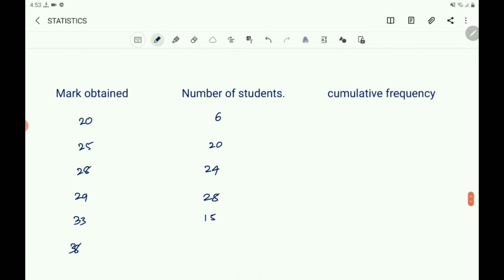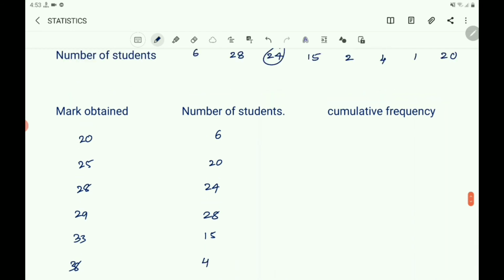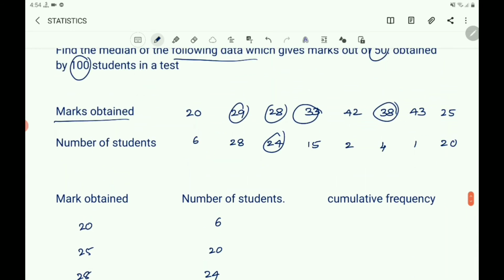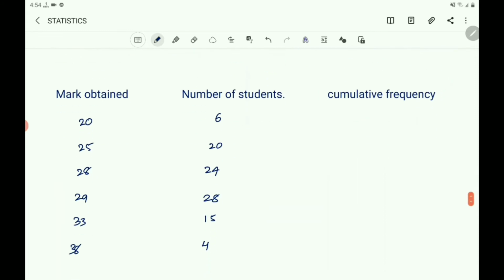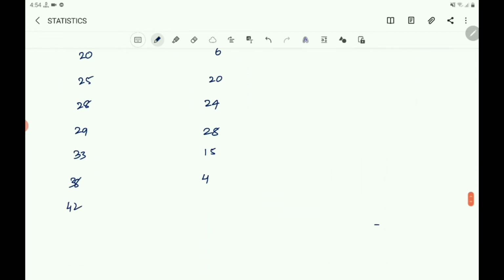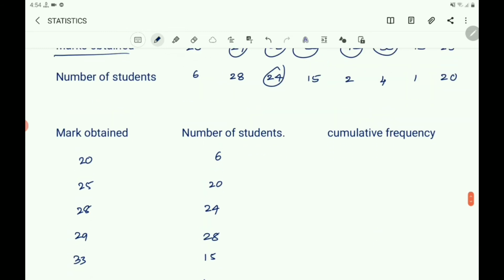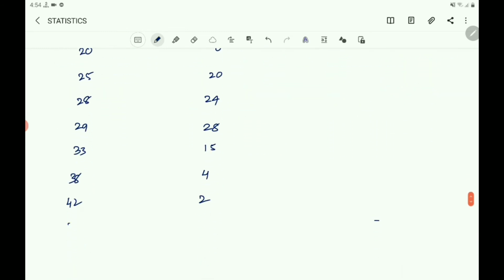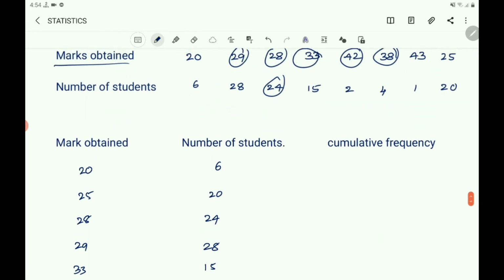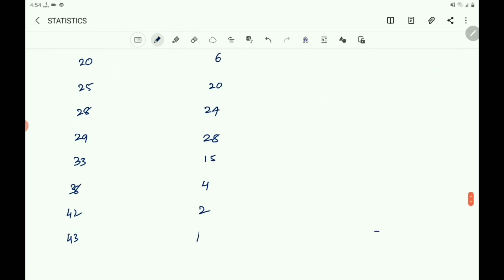38 is how many times? 4 times. 38 marks are scored by 4 students. Next you take 42. 42 marks are scored by 2 students, and 43 marks are scored by 1 student.